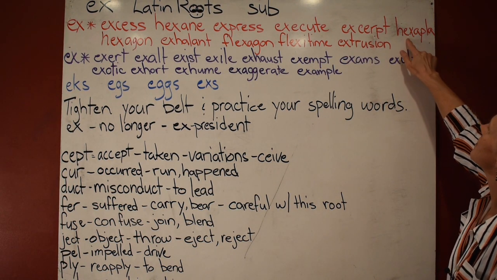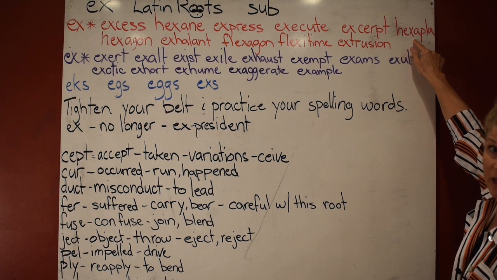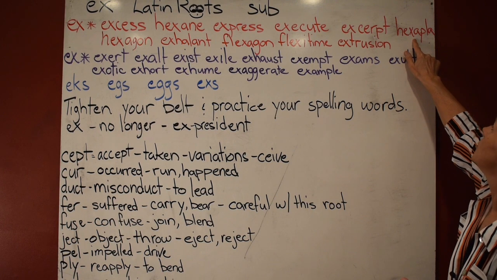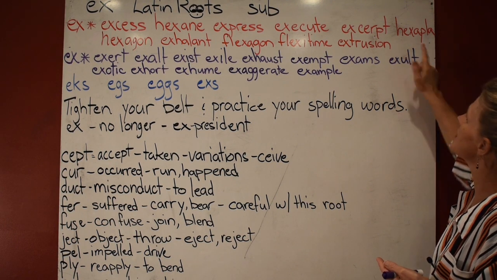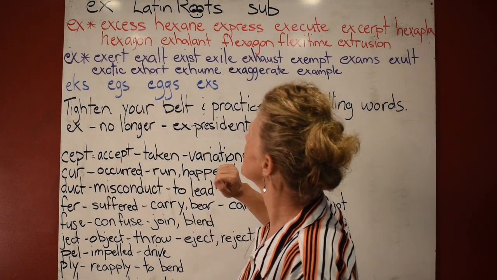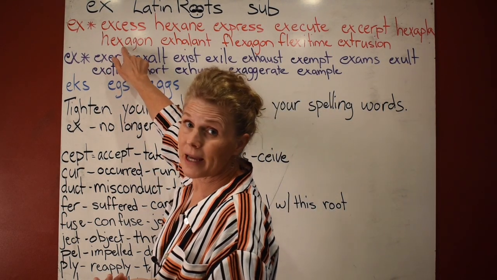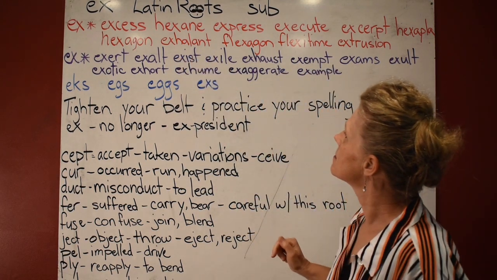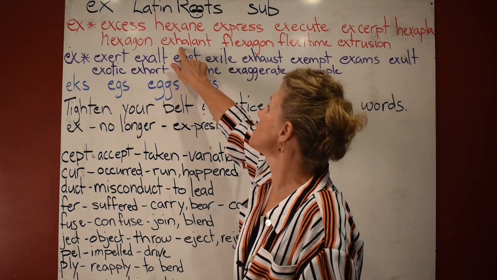Hexapla. Here, you can hear the EXS in the middle of a word, but you do not spell it. You spell it with the next syllable. Hexagon. See, there's no EXS there. Exhalant. See, this is a consonant.